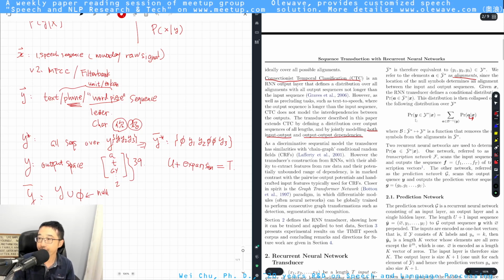If you read the CTC paper, you can see that you can have arbitrary amounts of blank symbol or null symbol inserted in between the labels in the output sequence, in order to have it equivalent to a size of T. So here you get all the possible alignments and sum over all the alignments, all the possible expansions.